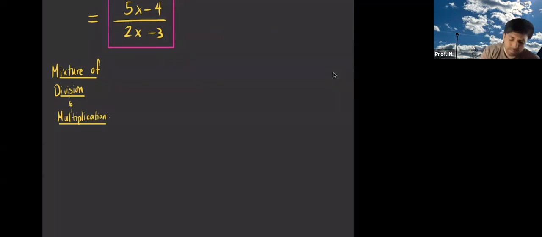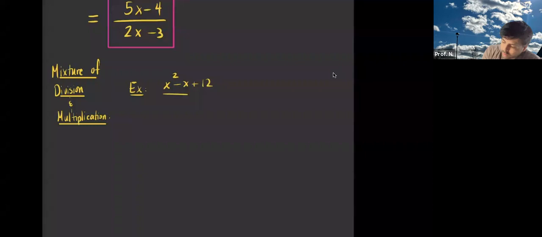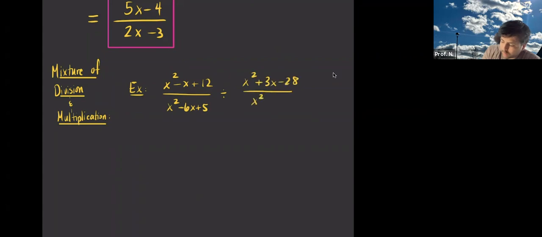So what if I have something like this: x squared minus x plus 12 divided by x squared minus 6x plus 5 divided by x squared plus 3x minus 28 divided by x squared plus 5x minus 6 multiplied by x squared plus 12x plus 35 divided by x squared plus 11x plus 30.